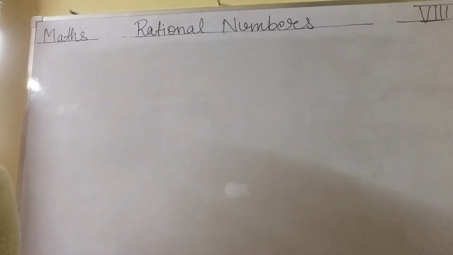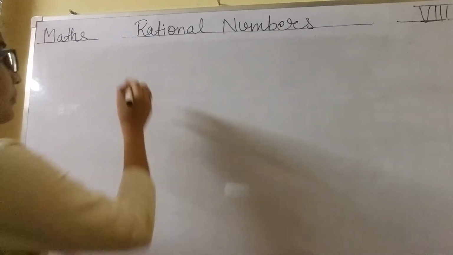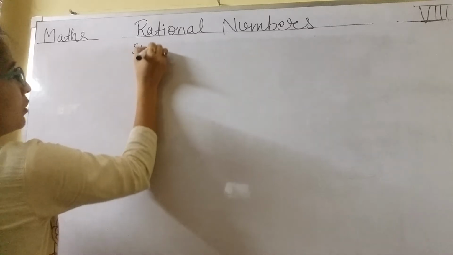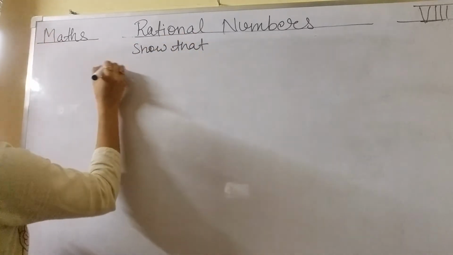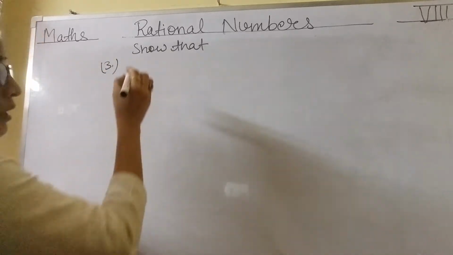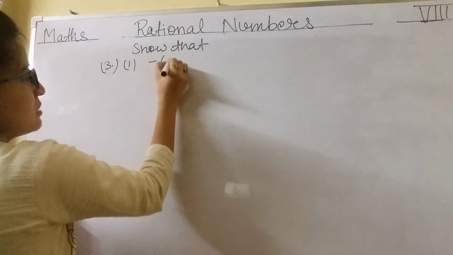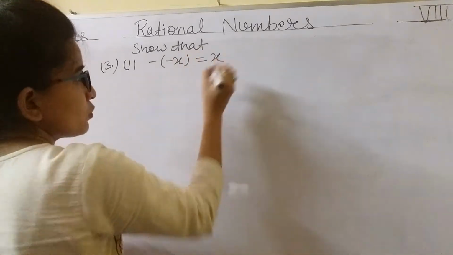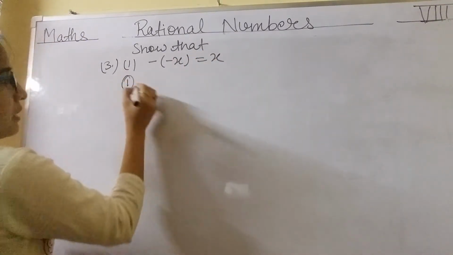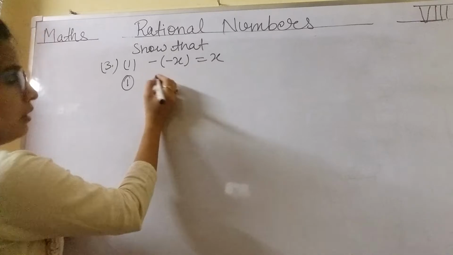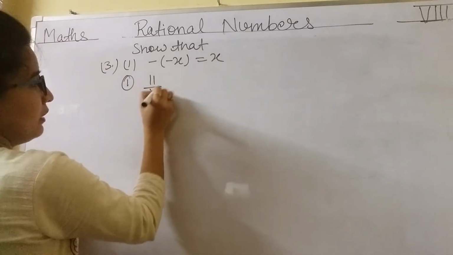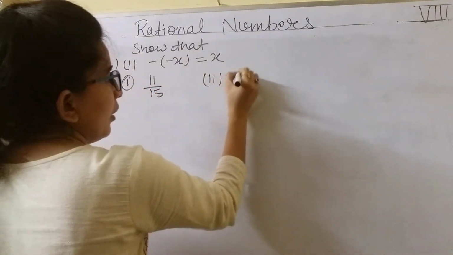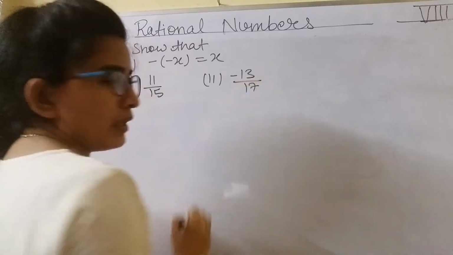Now we'll see another question, that is question number 3. Show that minus of minus x is equal to x, where the value of x is 11/15 and minus 13/17.